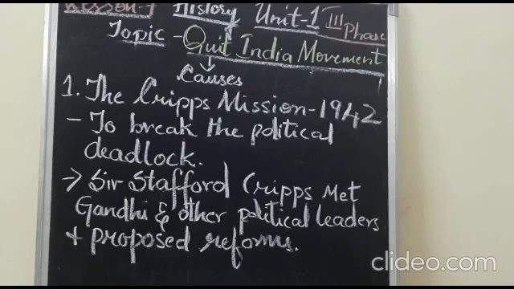The fall of Burma to the Japanese invasion and the international pressure on the British government by the US and the leaders of the Allied countries became the major reason for Winston Churchill, who was the Prime Minister at that time, to send Sir Stafford Cripps, a War Cabinet member, to India so that he could consult the political parties for their support as the Second World War was going on.